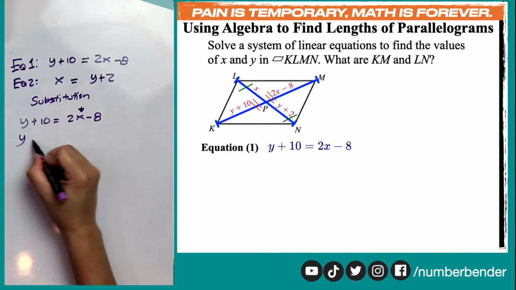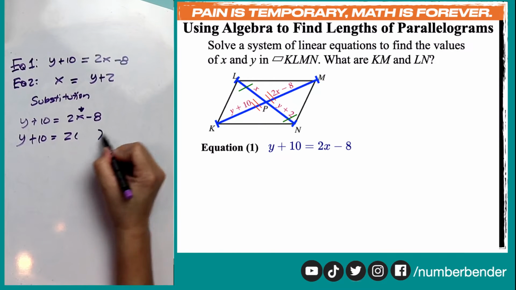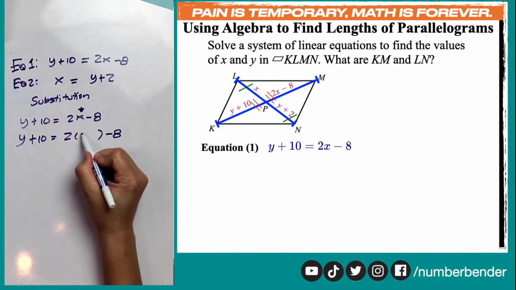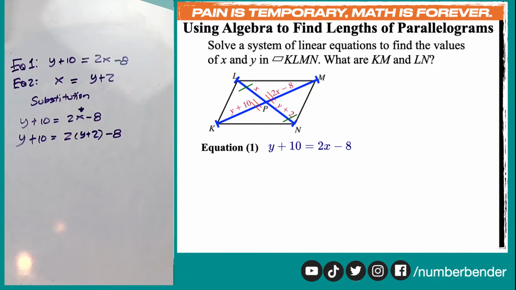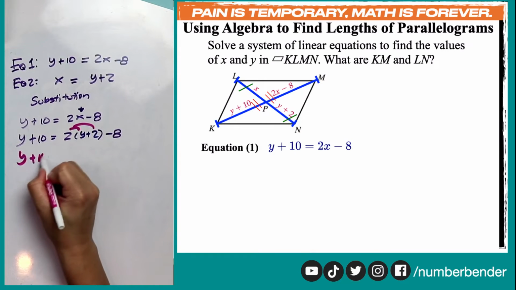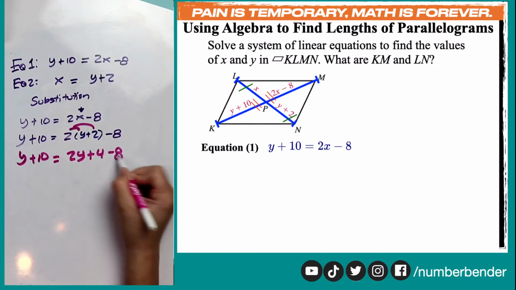So my new equation will be y plus 10 equals 2 parentheses y plus 2 minus 8, because now my x is going to be y plus 2. And by distributing and simplifying our equation, we'll be able to have y plus 10 equals 2y plus 4 minus 8.